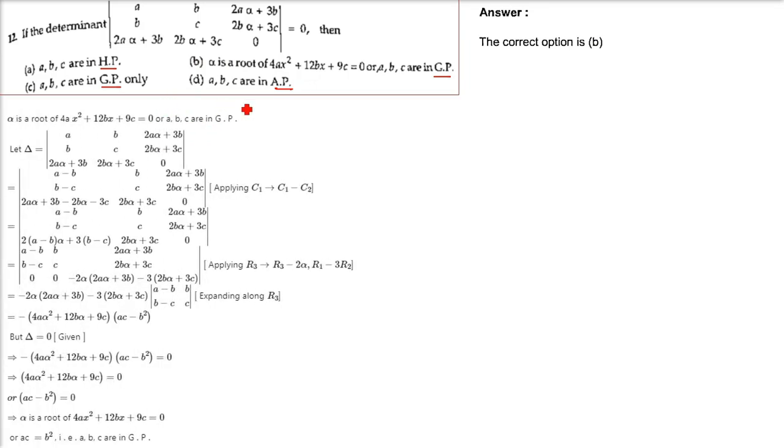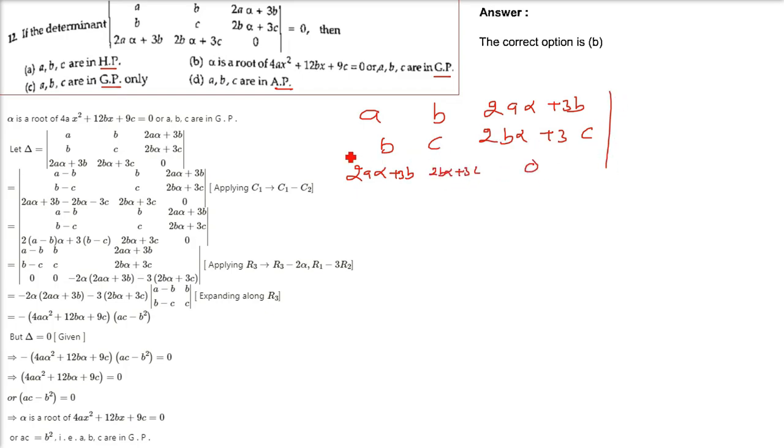So what we'll do here is, we'll change column 1 to column 1 minus column 2. What is the benefit? We have A, B, 2A alpha plus 3B; then B, C, 2B alpha plus 3C; and 2A alpha plus 3B, 2B alpha plus 3C, and 0. So this column 1 I am changing to column 1 minus column 2. What is the benefit here?